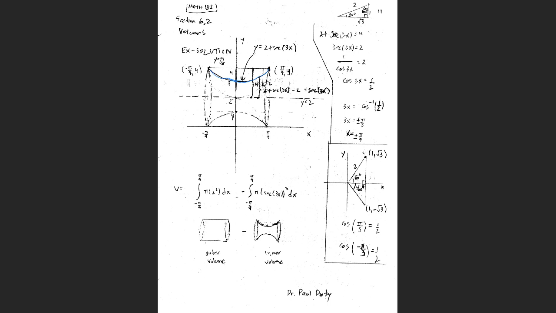And then y equals 4 is here, that horizontal line. And this is the region you're rotating about the horizontal line y equals 2. And so the reflection of that region will be this region.